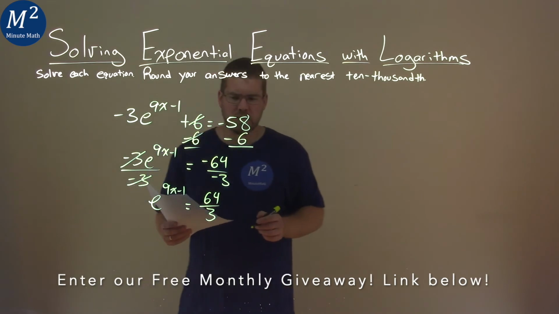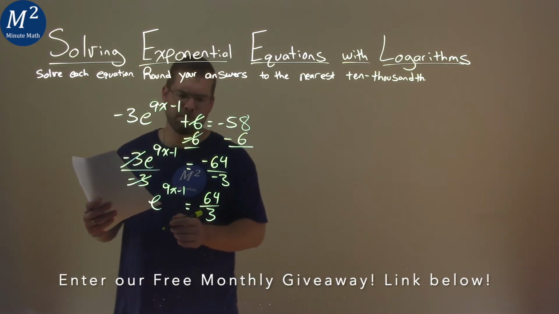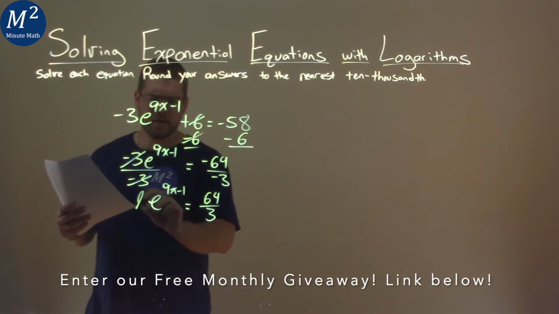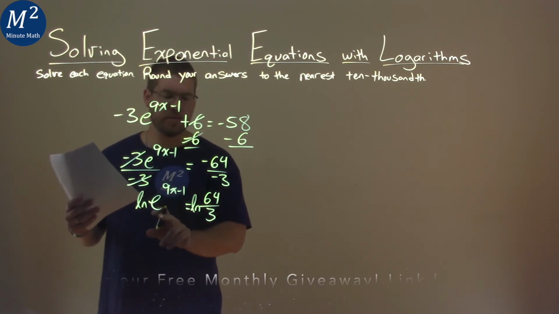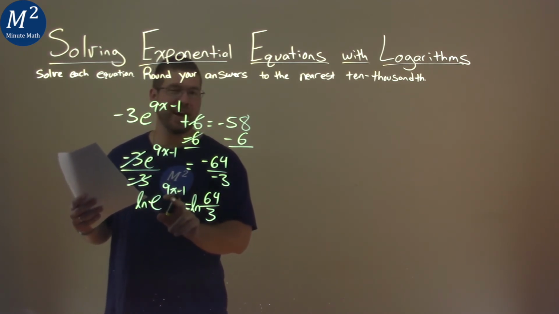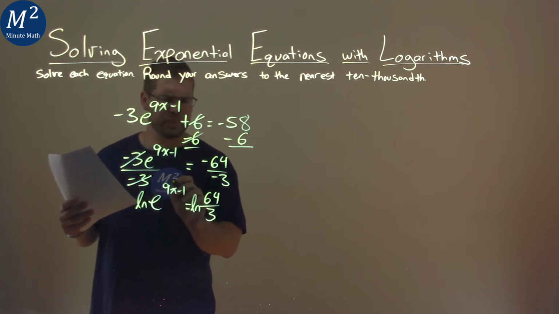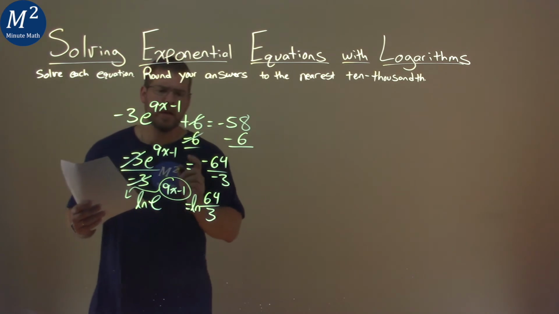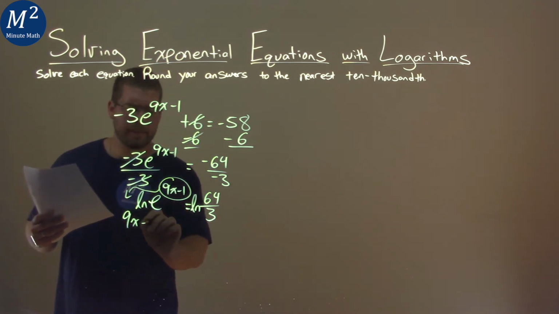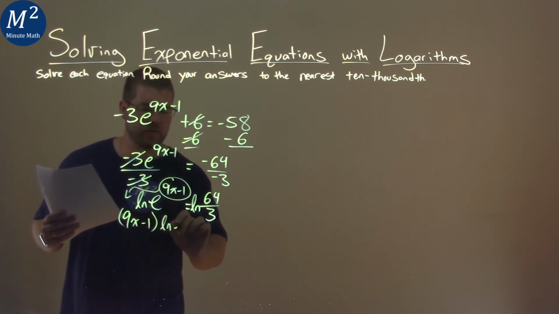I don't worry too much about simplifying this right now. From here, I know I can take the natural log of both sides of the equation. What it does here with this natural log of e to the exponent of 9x minus 1, I can take that exponent and put it out front. That gives us 9x minus 1 multiplied by natural log of e.